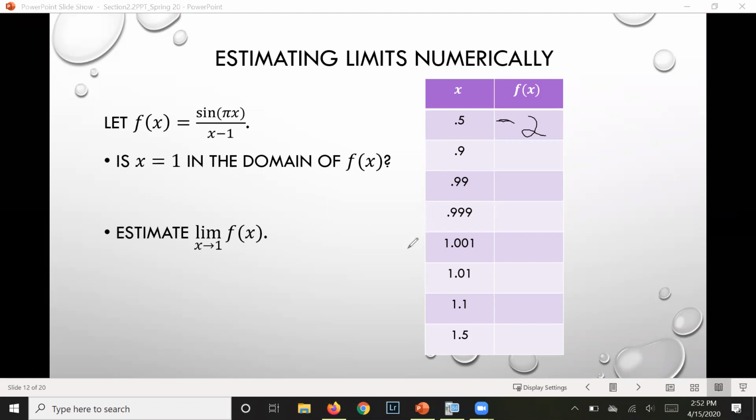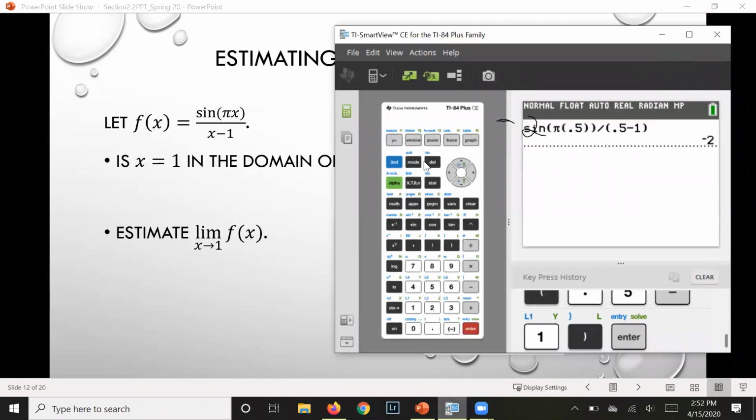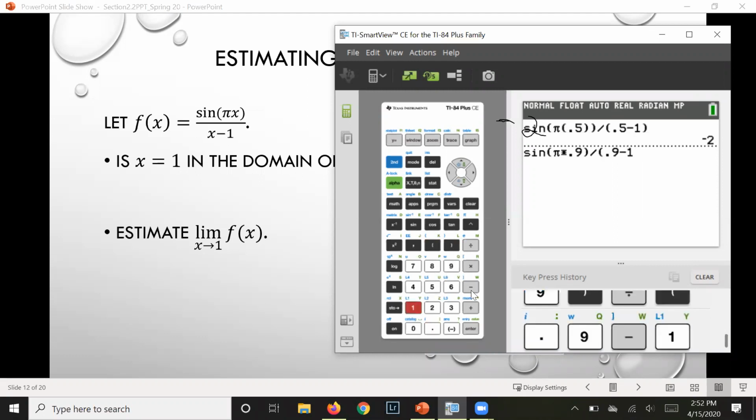Now, as you can imagine, there's going to be a lot of clicking here on your calculators, because I have to go through and do sine of pi times 0.9, divided by 0.9 minus 1.